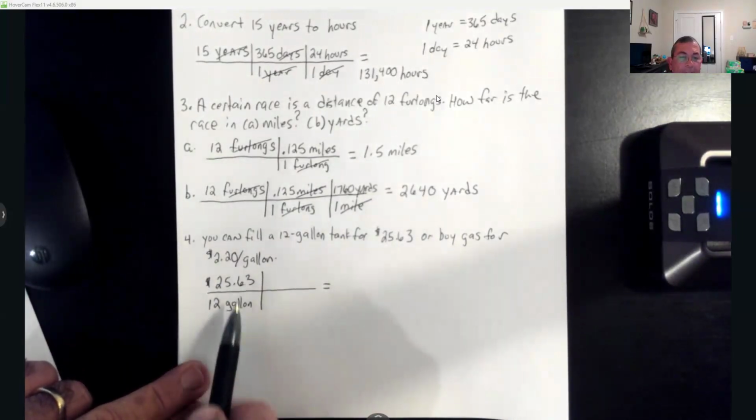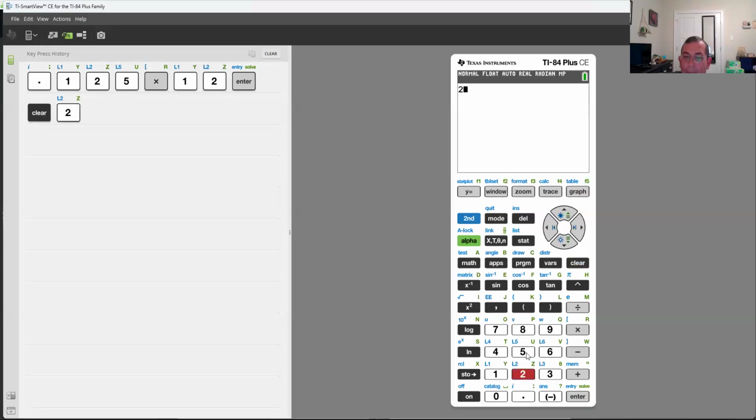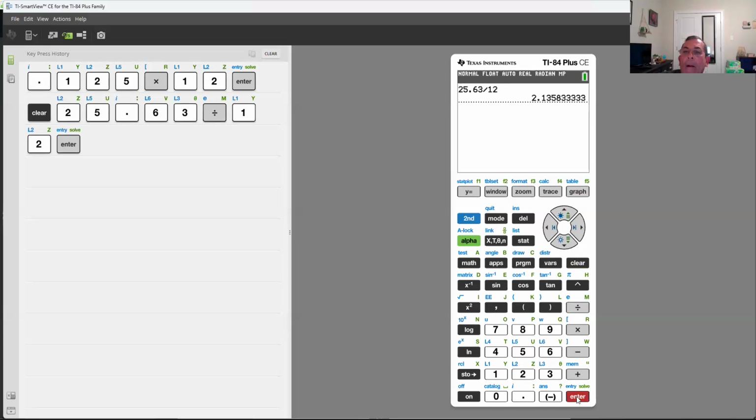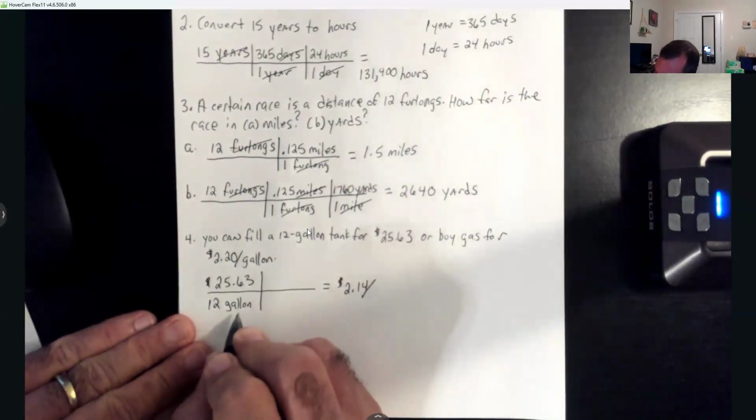So y'all, if we take 25.63 divided by 12, let's see what that gives us. Oh, I'm gonna round that off like money. So that's 2.13, but I got a 5 after the 3, so that rounds that 3 up to a 4. So I'm gonna round this off to 2.14. That's gonna give me 2.14 per gallon.